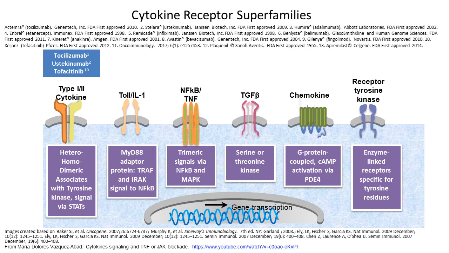Ustekinumab blocks IL-12 and 23, which signals through the JAK-STAT pathway. And of course, tofacitinib and all other JAK inhibitors signal through this one. So the difference is we have here available extracellular inhibition with tocilizumab and ustekinumab, or intracellular inhibition via tofacitinib.